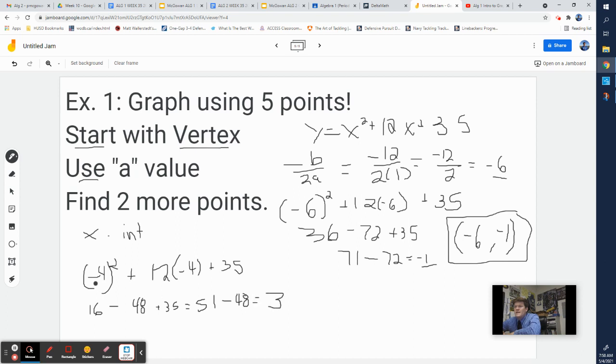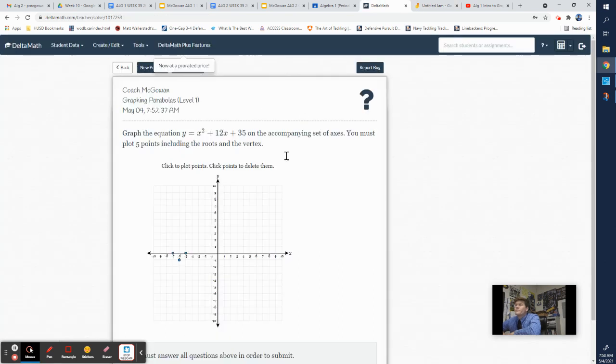So at negative 4 x value, we're going to be at 3 y value. So our next point is going to be negative 4 comma 3. Negative 4 comma 1, 2, 3. I could be the same distance away and make my graph.